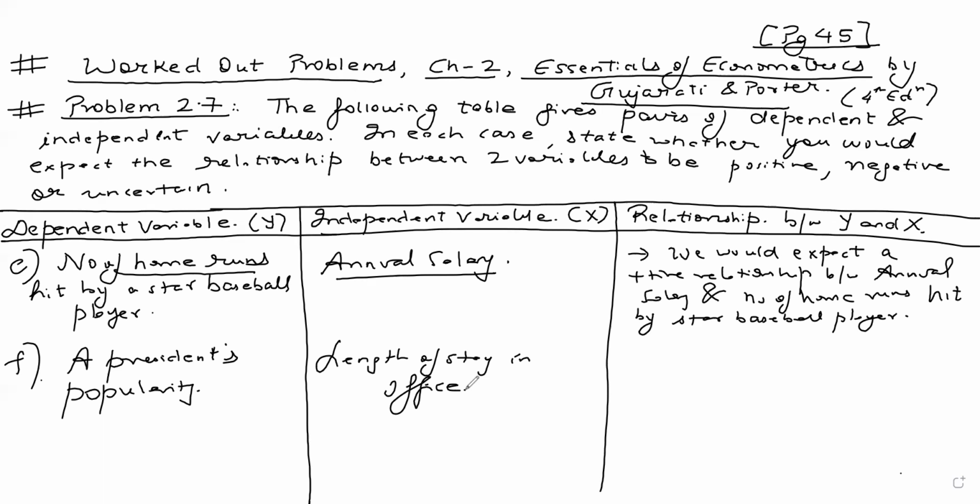So there is a higher tendency towards evaluating the mistakes a politician has incurred over his stay. So again, if I go by the second judgment, I would expect the relationship between the two to be negative, because the longer you stay in charge, higher is the tendency to look at the black spots. Black spots means the mistakes you have done over your tenure, which might cause your popularity to go down.